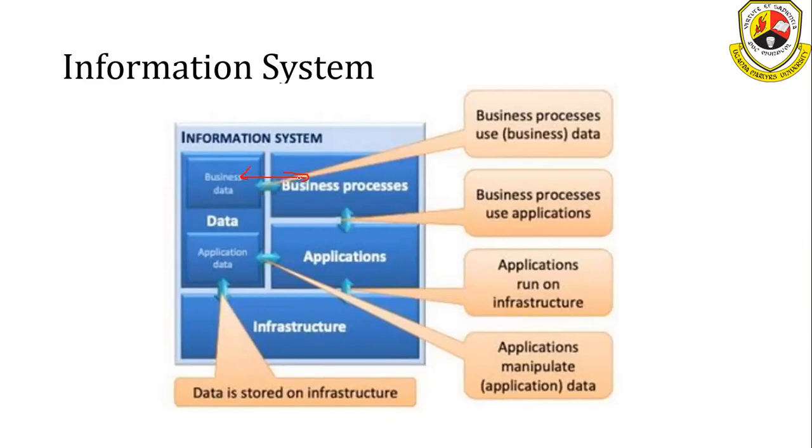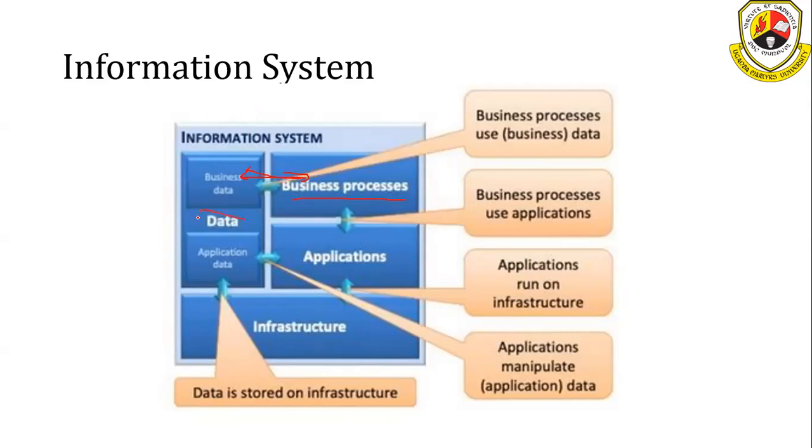An important business data is the qualifications that the applicant has. If it's a bachelor's, do you have an A-level certificate, and how many minimum principal passes do you have? What program are you applying for? Does it relate to the principal passes you have with the subjects done? Things like that. That would be the business data that would be selected as they are carrying out the process of admitting students into a program.